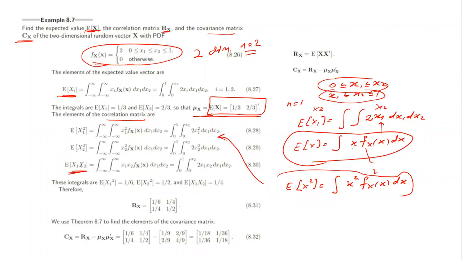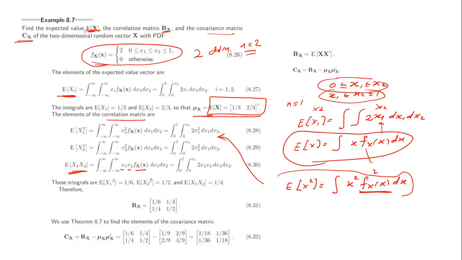For x1 and x2, similar: x1 x2 times the joint PDF. Here we always use the joint PDF instead of the marginal PDF. So it's quite straightforward.